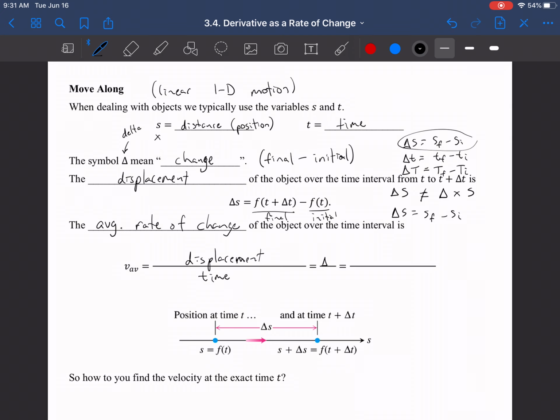So this is going to equal delta S over delta T, which is our function final, f of t plus delta t, minus f of t, all over delta t. And that should look pretty familiar since we already had something like that with h's: f of x plus h, where now our delta t is our step instead of h.